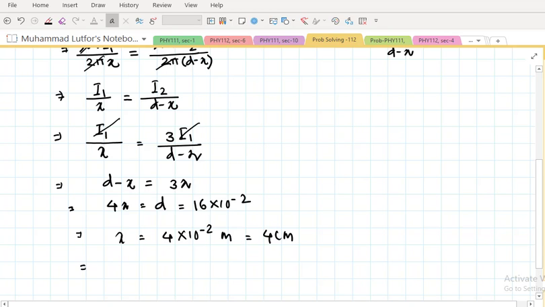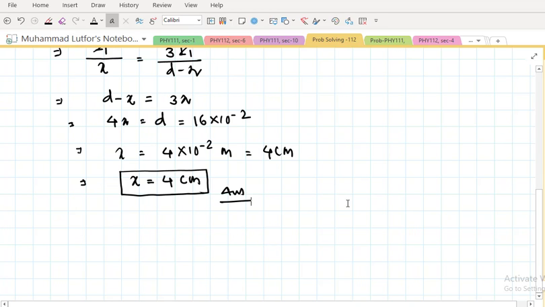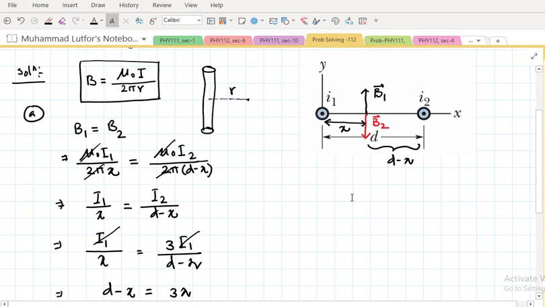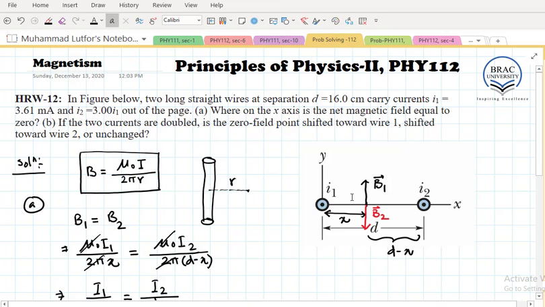That means 4 centimeter away from wire 1, the two magnetic fields are going to cancel each other out. So this is the answer to part A. Now question B: they ask what happens if we double the current in both wires.